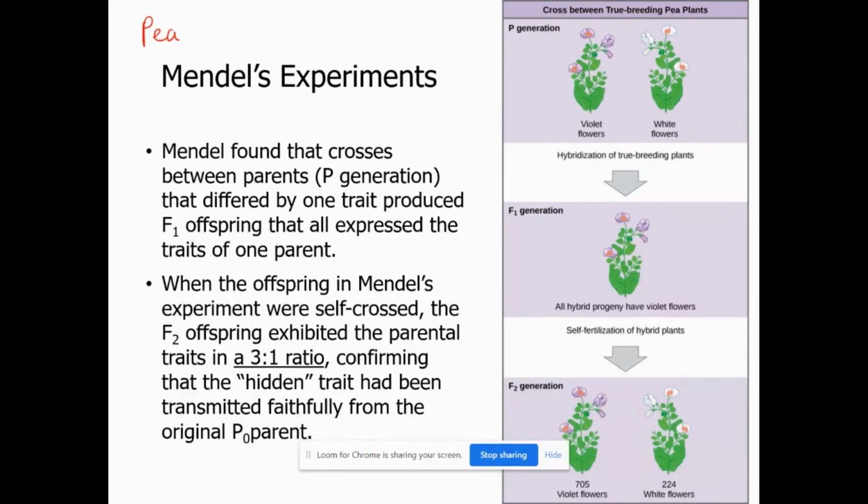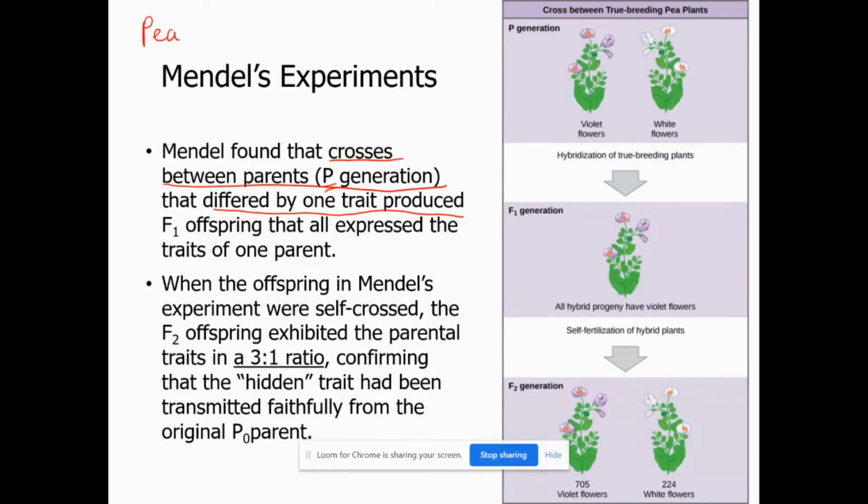So Mendel used the peas, and he did a bunch of crosses. First of all, he did some crosses between the parents, which we call the P generation. P stands for parents. The two parents differed by one trait. A plant definitely has multiple traits, like the height of the plant, the flower color, the shape of the leaves.